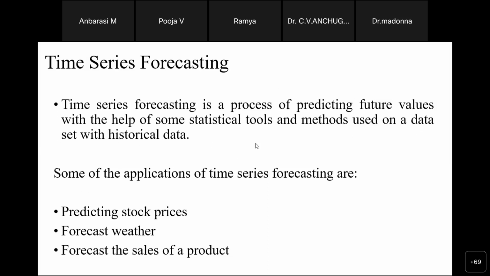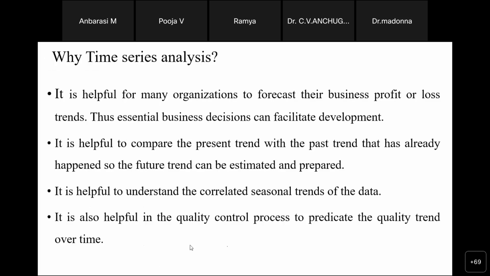Based on the historical data, we can predict the future value, and that is what we call forecasting. Applications include predicting stock prices, predicting the weather, whether it will rain tomorrow or not, or predicting the sales of a product.